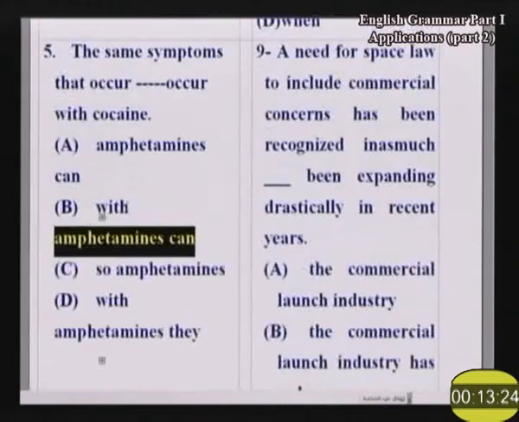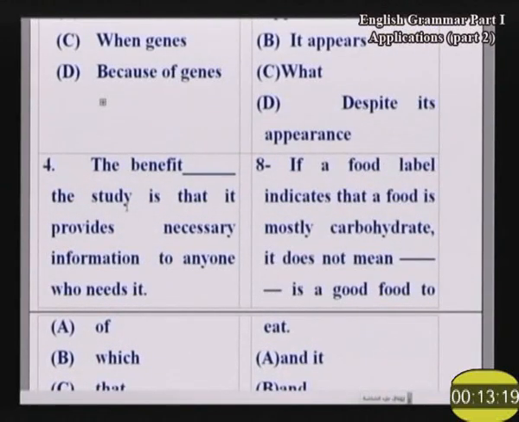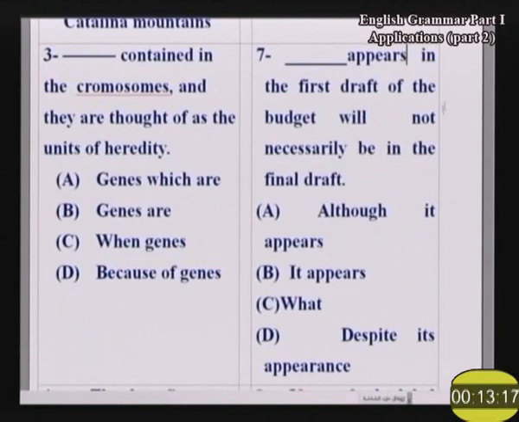طيب let's look at number 7. أنا عندي blank وبعدين appears in the first draft of the budget will not necessarily be. طيب يبقى أنا عايزة هنا appears دي verb، يبقى أنا I need a subject. although لا، it appears دي subject and verb، يبقى what. انتوا عارفين أنها it serves as a subject. يبقى what appears will not be.